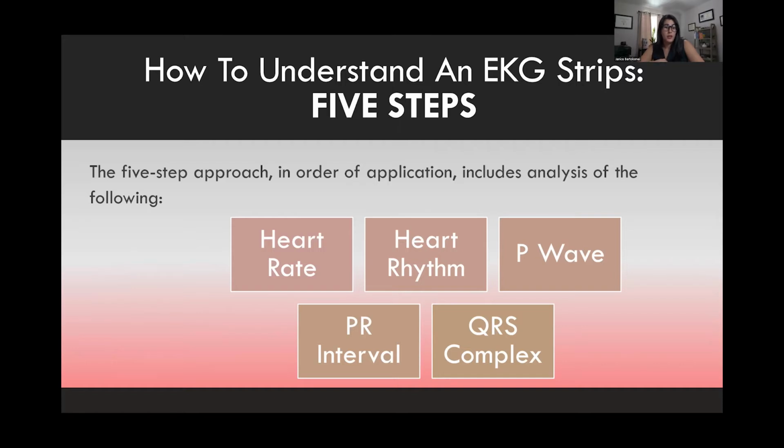You need to ask yourself, does every QRS have a P wave, and are they normal P waves? Do we have a PR interval, and is it a normal PR interval? And do I have a normal QRS complex? I'm going to walk you through each of them so you can see.